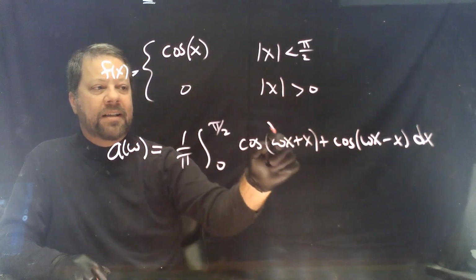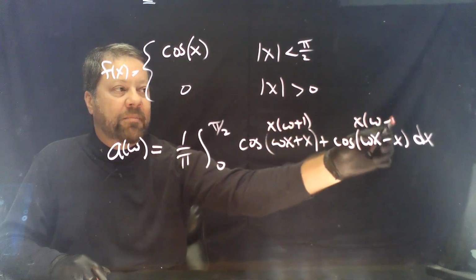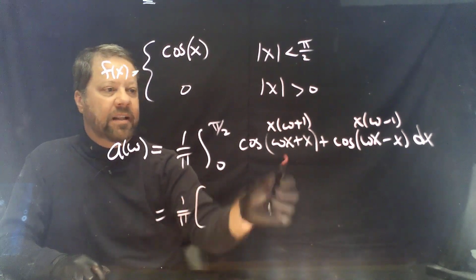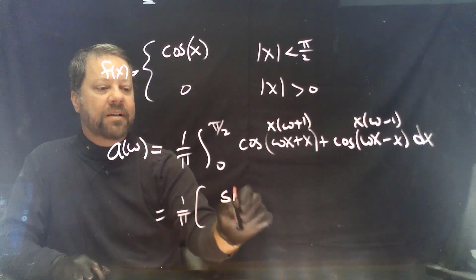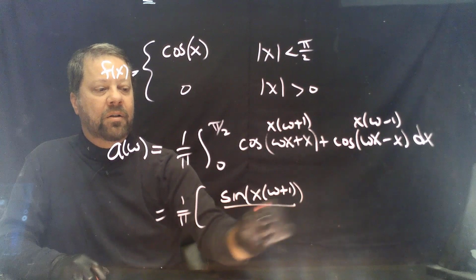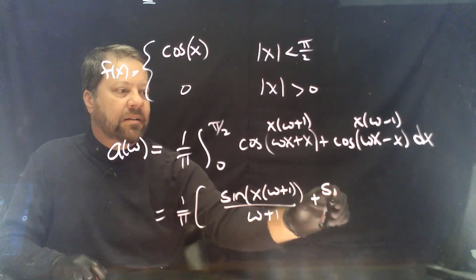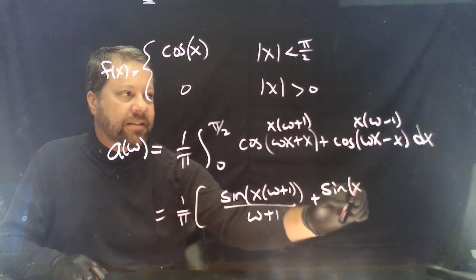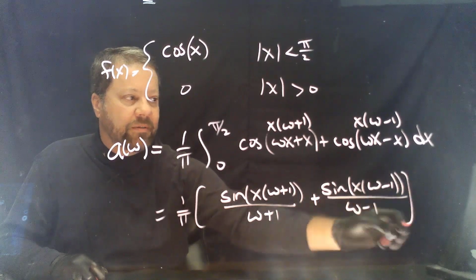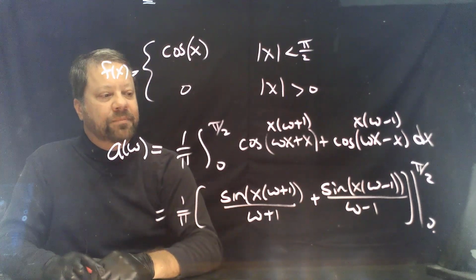We can rewrite this as x times omega plus 1 and x times omega minus 1. And then the integrand, let's see, we'll get sine of x times omega plus 1 over omega plus 1 plus sine of x times omega minus 1 over omega minus 1, from 0 to pi over 2.